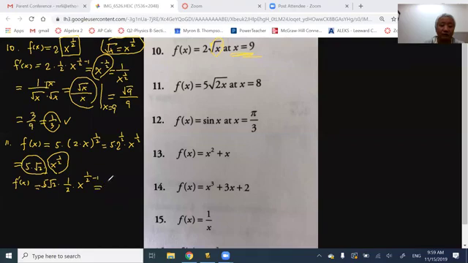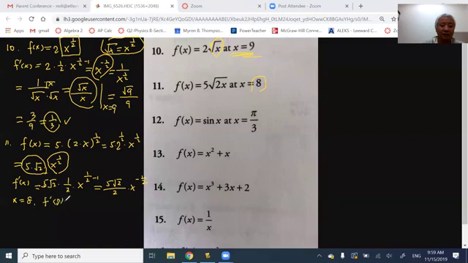So eventually we get 5 root 2 over 2 times x to the negative 1/2 power, right? At this moment, we put x equals 8, right? They told you x must equal 8. So we make x equal 8 now.